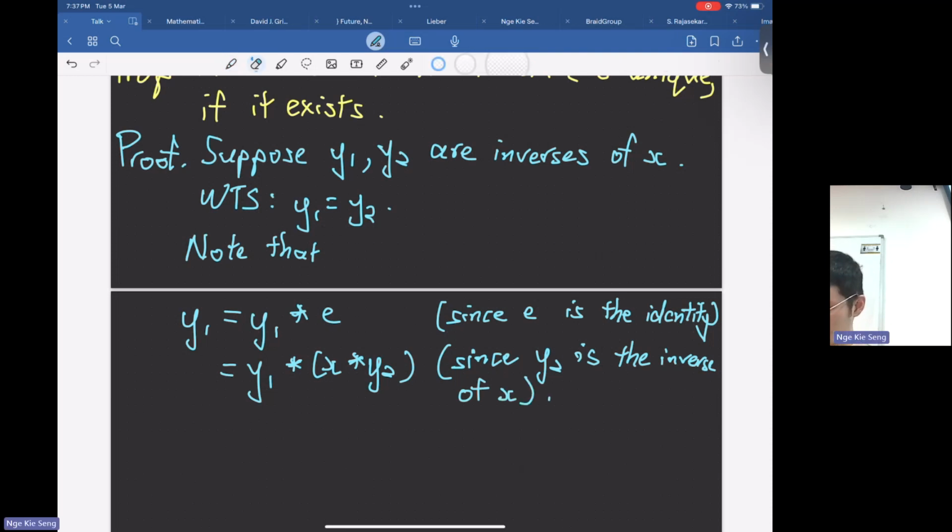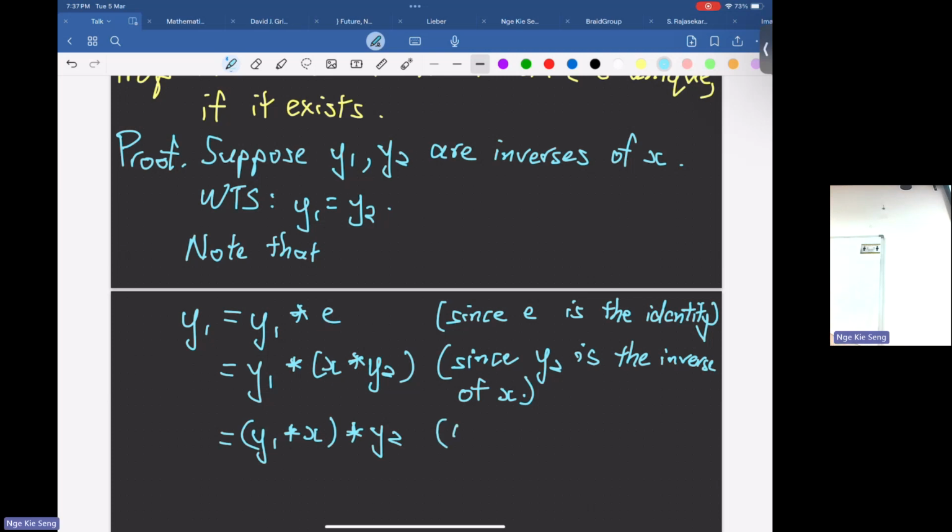Okay, what else can we do? Right? So we can use associativity. Note that we consider LOC that are associative. Okay, so we can use associativity here, to change the order of composition.